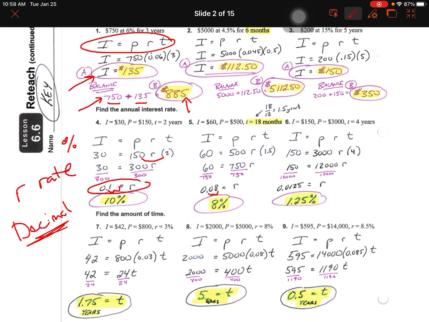And number 6 often freaks some of you out, but you move that decimal point over, and really it's 1.25%, or 1 1/4%. You should know that 0.25 is 1/4. For time, you're working backwards on this one. And so you get 1.75 years, or 1 3/4, and so on. So you go ahead and take a look at those.